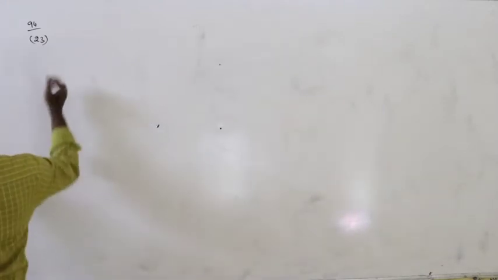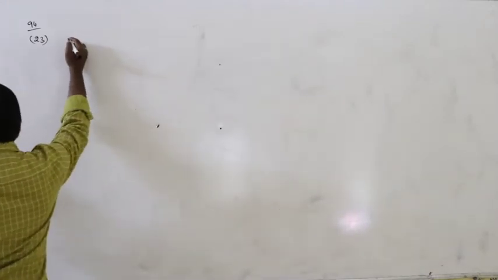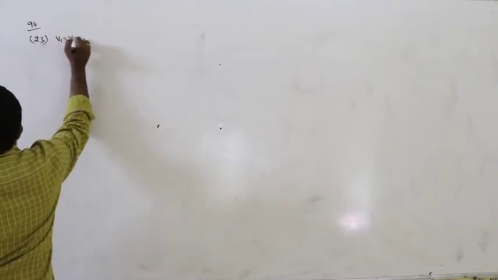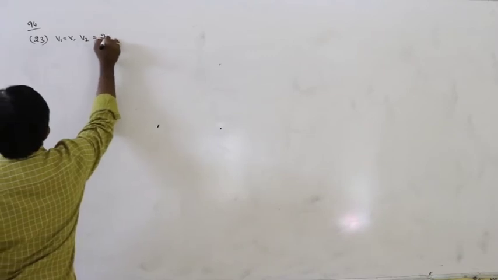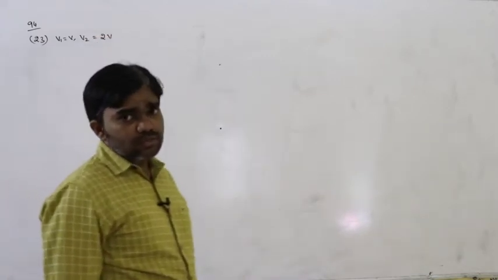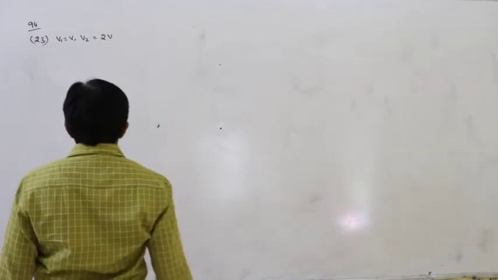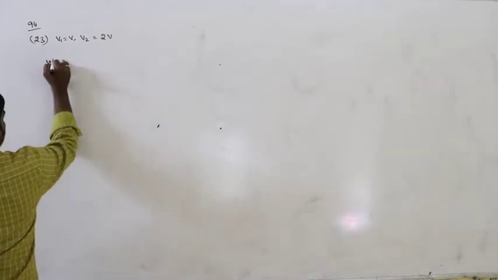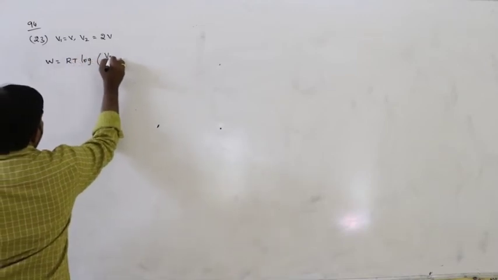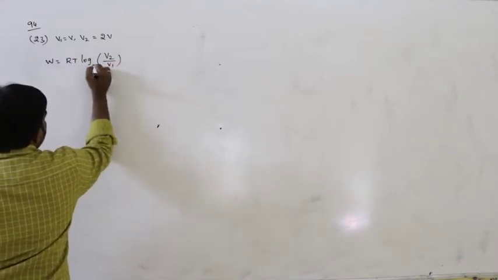See here, the temperature is constant, an isothermal process. Volume is doubled. Let us say V1 is equal to V and V2 is equal to 2V. That is the given condition. Then what is the work done? Generally work done in an isothermal process, what is the formula? RT log V2 by V1 base e.